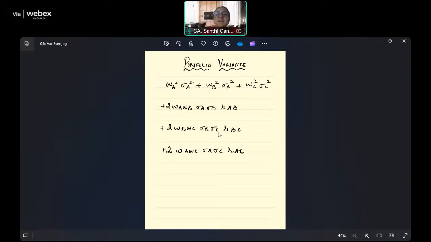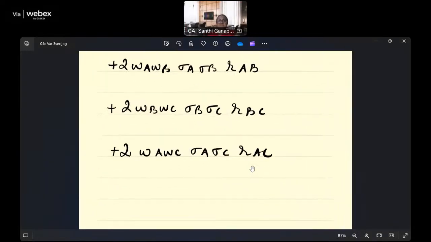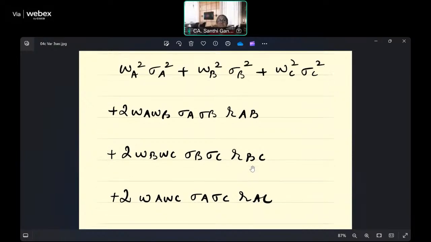Supposing I have 3 securities, A, B, and C in the portfolio, it will be WA squared, sigma A squared, plus WB squared, sigma B squared, plus WC squared, sigma C squared, and so on. Again, this is for 3 securities A, B, C being in the portfolio.